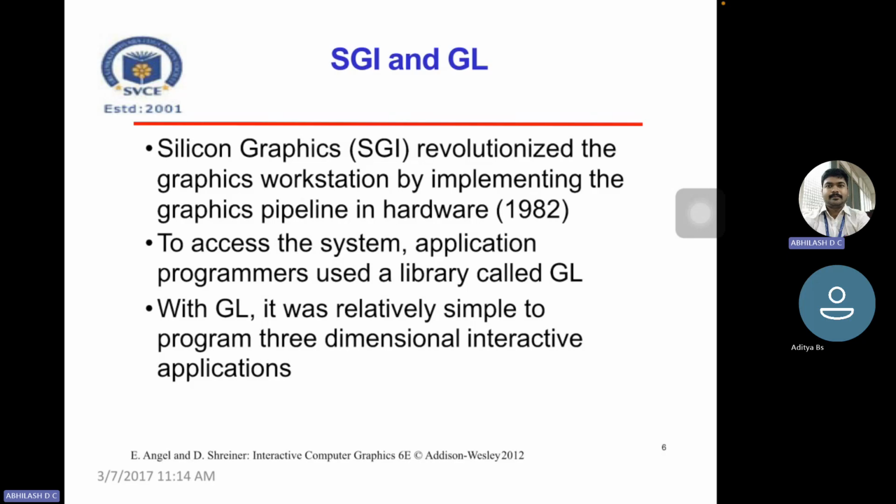So here we see the concepts of rendering. We wanted a particular system which will do the job very fast, and remove the dependencies. Dependencies refer to hardware dependency and software dependency, so they were taken off.